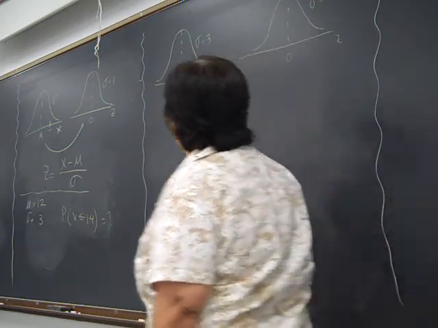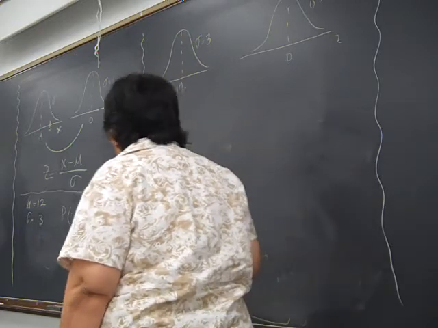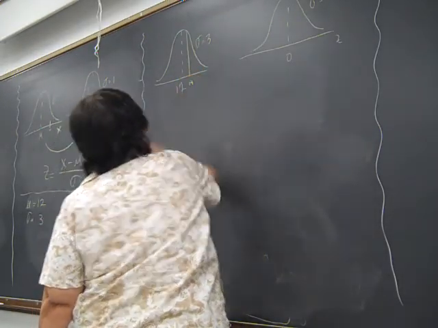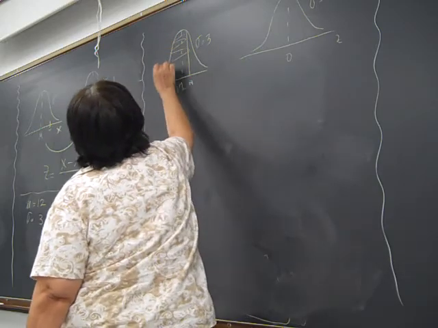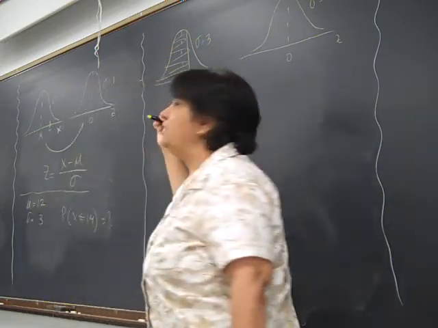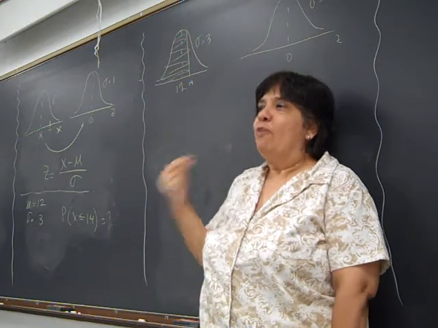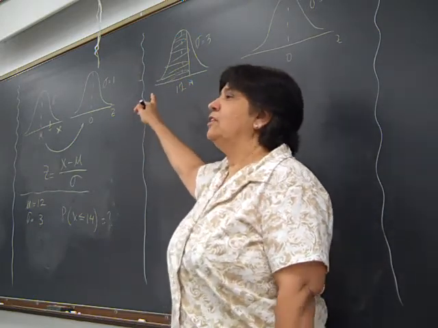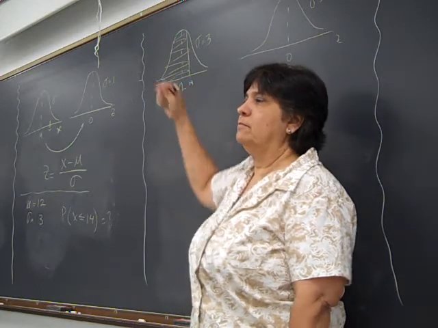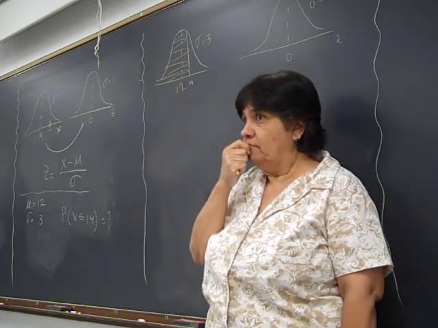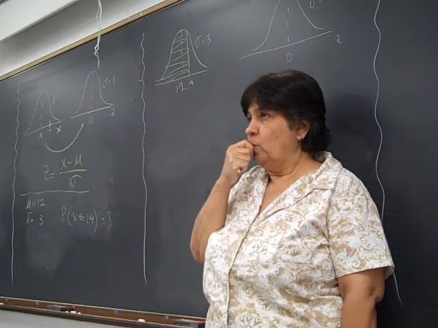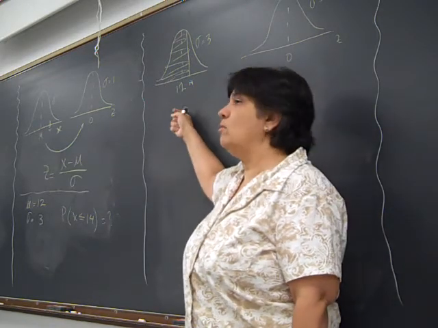And we want to find out what is this probability. This is 14. What is the probability that the next phone call is going to be 14 minutes or less? So this is 12, this is 14. This is what the problem is asking me.